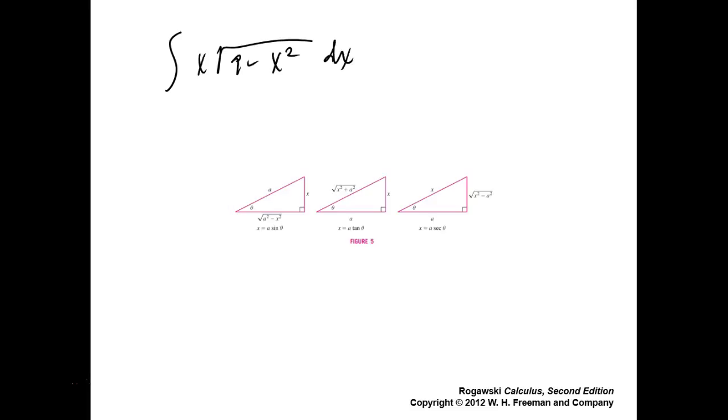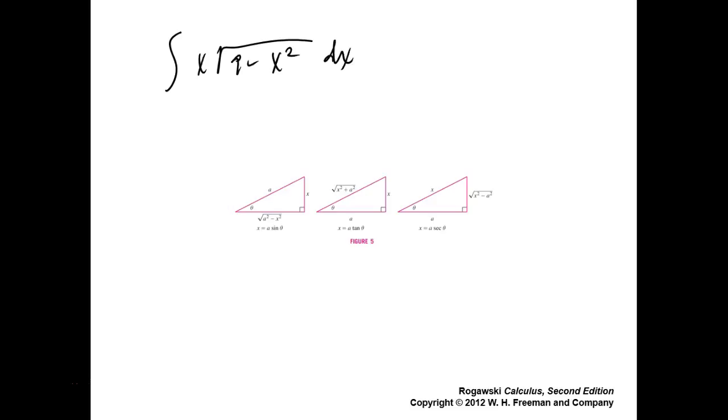You wouldn't use the trig substitution. You'd say let u equal 9 minus x squared, wouldn't you? Right? And then du would be minus 2x dx. Well, there you have it, x dx, minus 2 just, yeah.